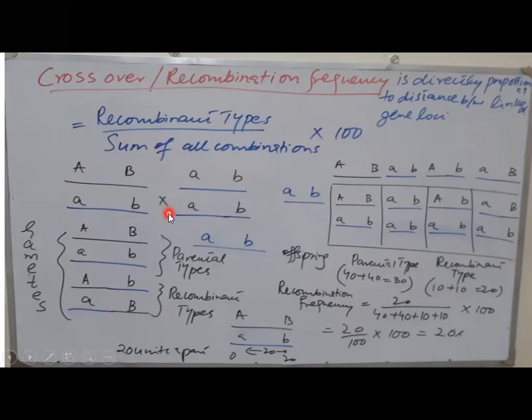They have been crossed, and these are the gametes formed after crossing over, because they have exchanged segments like this, as we did in the previous example. These are the recombinant types, these are the parental types.